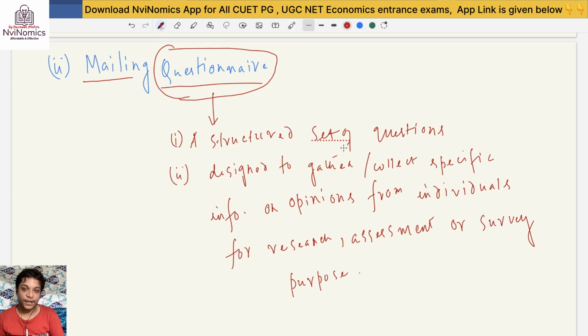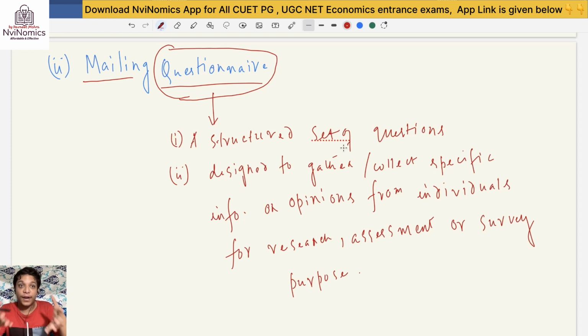So what is a questionnaire? It's a structured set of questions. Why is it called structured? Here structured implies, as I told, that the questionnaire should not carry double meanings. The question I am asking should not be offensive to you, and it should not contain any personal questions.